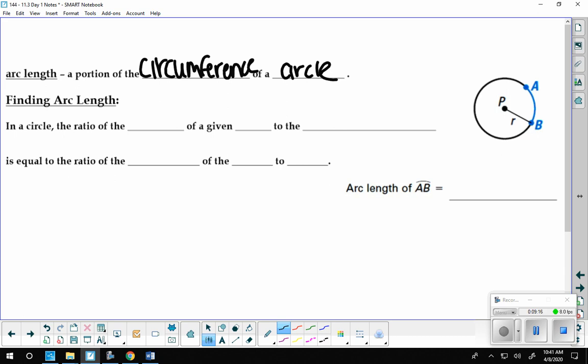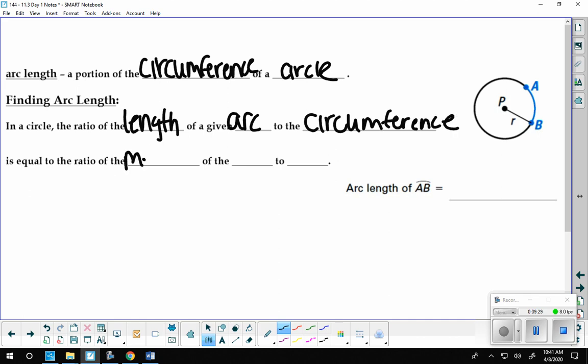In a circle, the ratio of the length of a given arc to the circumference is equal to the ratio of the measure of the arc to 360 degrees.